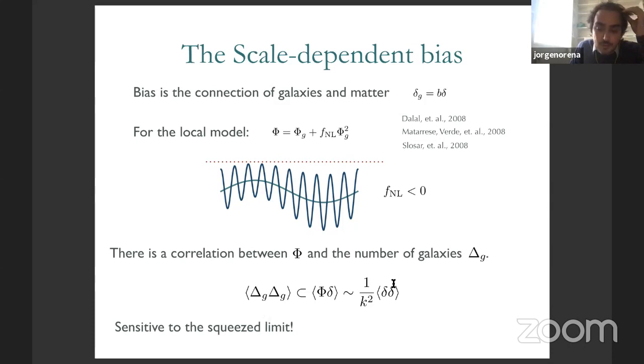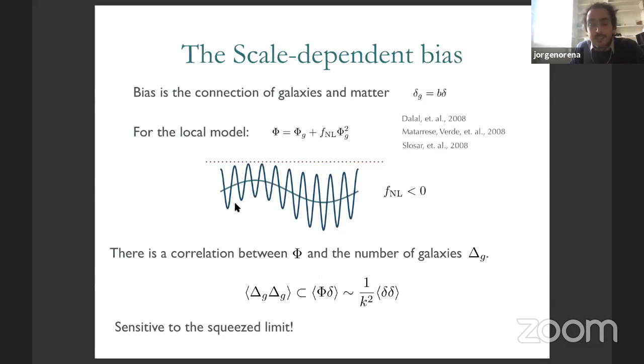And this correlation goes like 1 over k squared, simply due to the Poisson equation, because density is Laplacian times gravitational potential. This is the Poisson equation. Therefore, the galaxy number overdensity 2-point function is connected to the dark matter 2-point function, and therefore to the primordial 2-point function with a 1 over k squared dependence if we have a local non-Gaussianity.